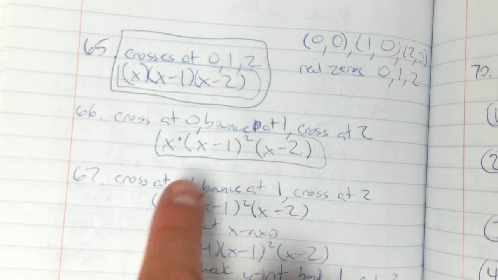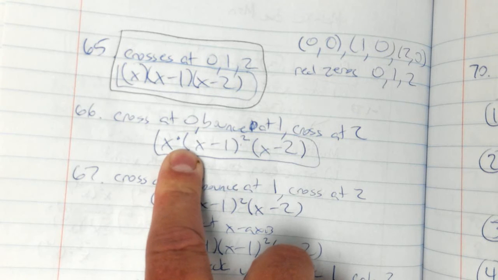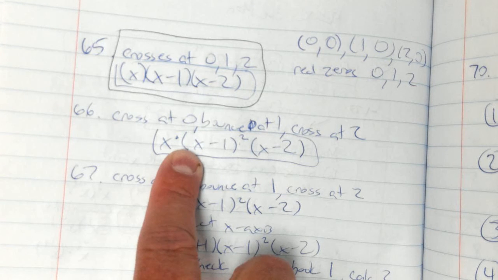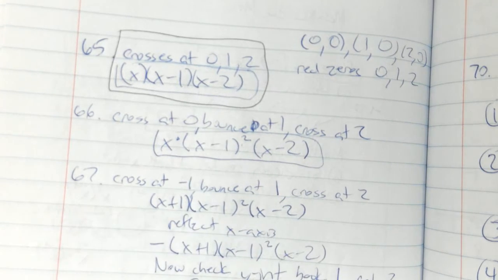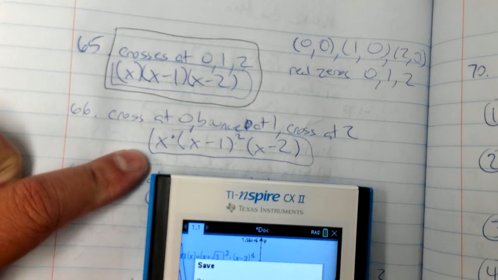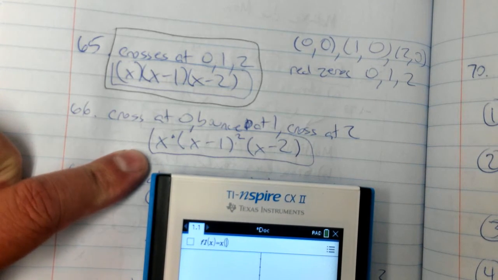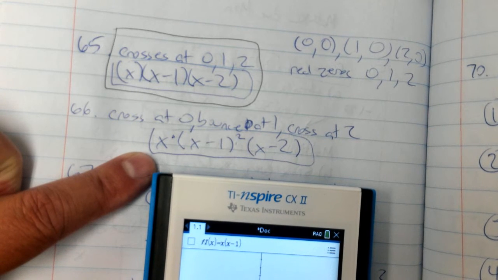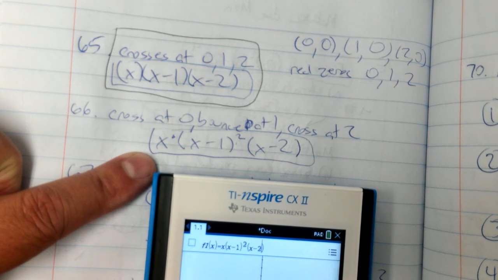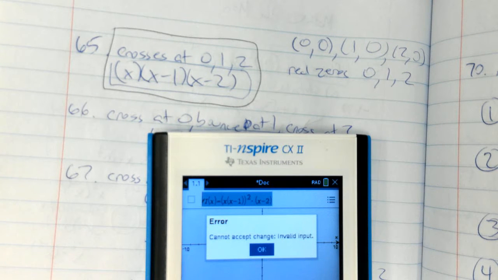Now, if I remember right, the reason why I put this little dot here is because if you're typing it on your calculator for checking it, it may give an error. So if you don't do the little times sign. So let me double check that. Let's go to a new document. If I put x parentheses x minus 1 squared times x minus 2, it says error cannot accept change, input invalid.